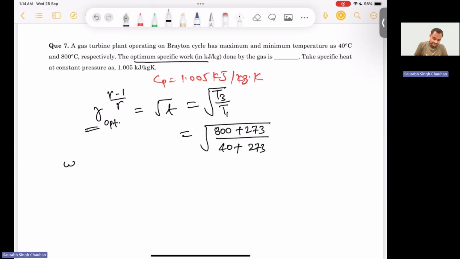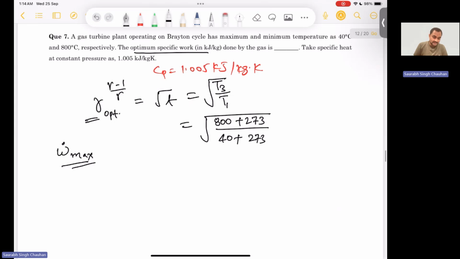We have to find W max, so we will directly write the formula for W max. W max is T minus 1 by root T minus root T minus 1.